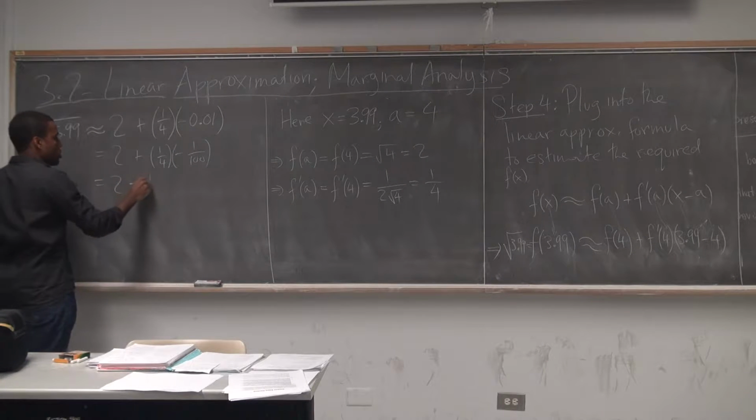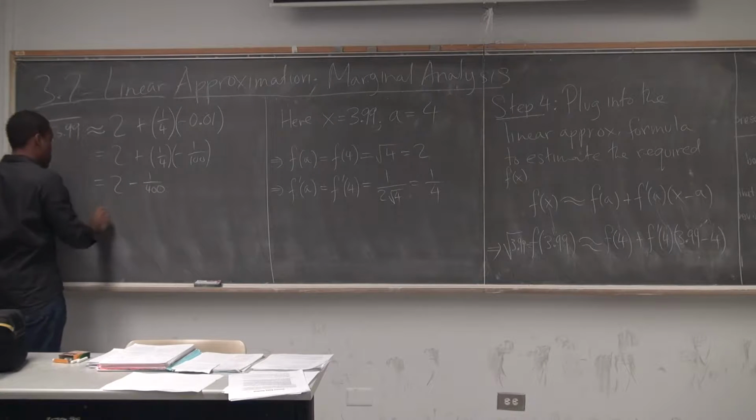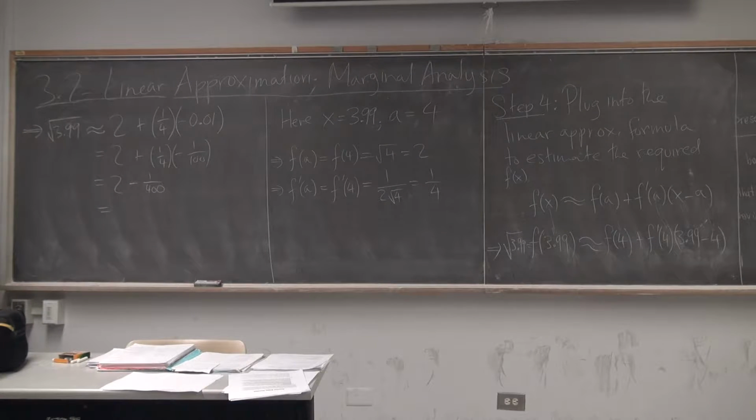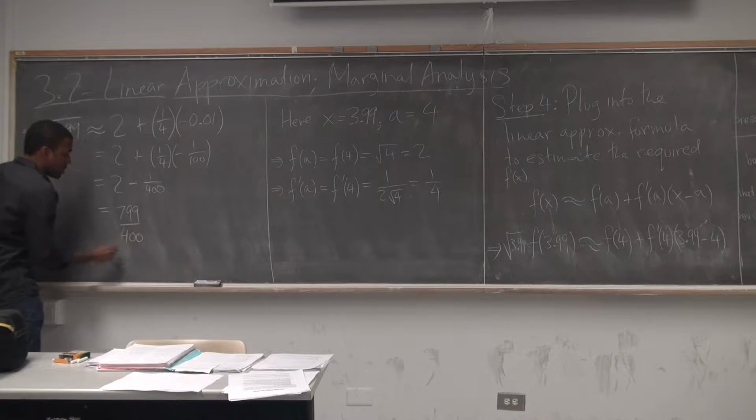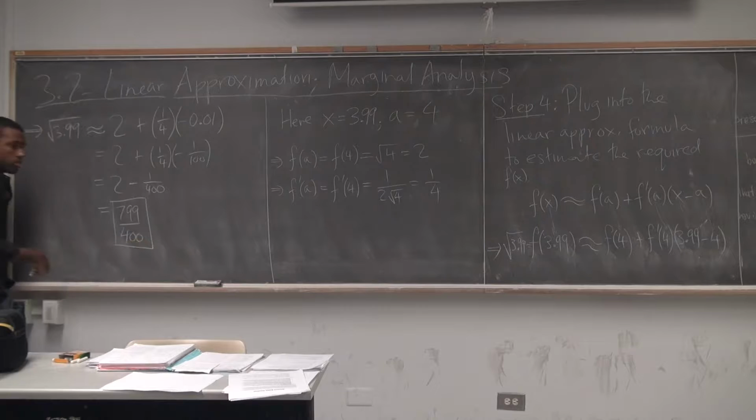So this is 2 minus 1 over 400, which is, what's that? 799 over 400. Now that would be your answer, right? So if this were a test, you're done. That's your answer, right? The radical of 3.99 is approximately equal to 799 over 400.